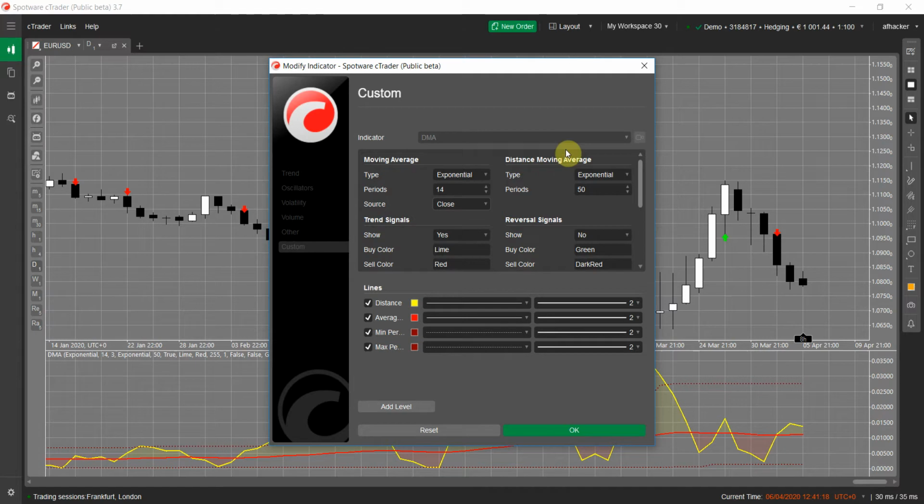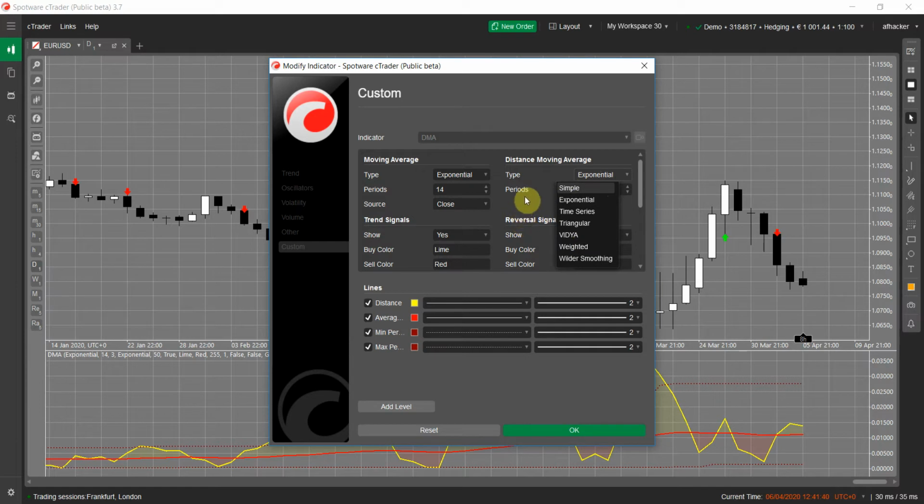The second group of parameters is related to the distance moving average. This is the moving average that will be applied on distance values, and this red line, or average distance here, is not showing fully. You can also set any type of moving average for the distance moving average.